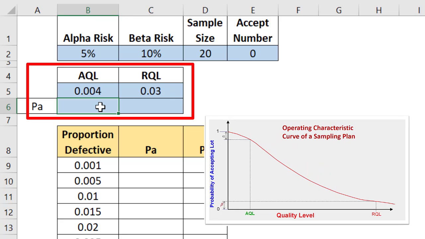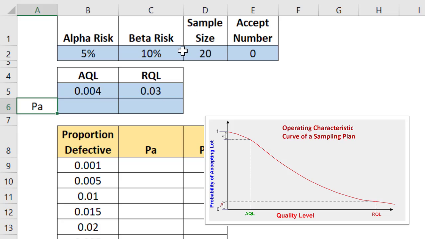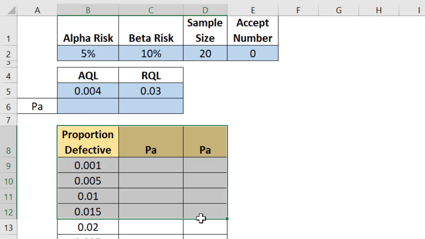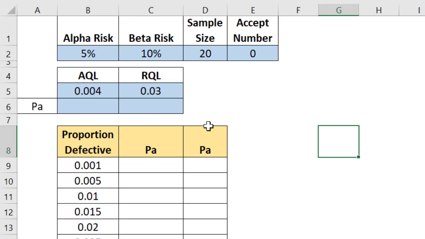Now the probability of acceptance at AQL should be high, and that is equal to 1 minus alpha risk, and that should be 95%, while the probability of acceptance at the given beta risk should equal beta risk. So that will be about 10%, low probability of acceptance. We will also generate the operating characteristic in the table here.